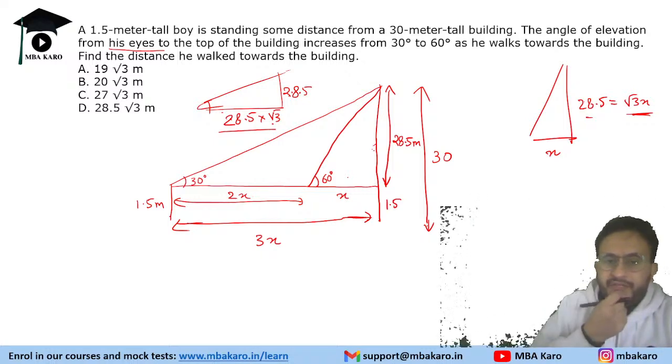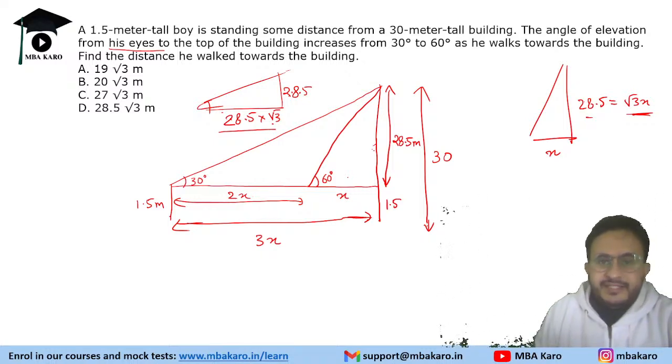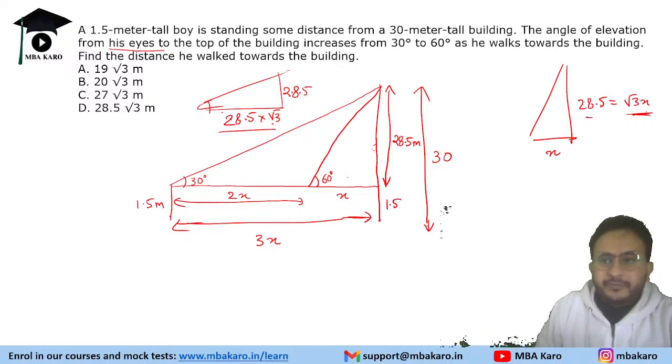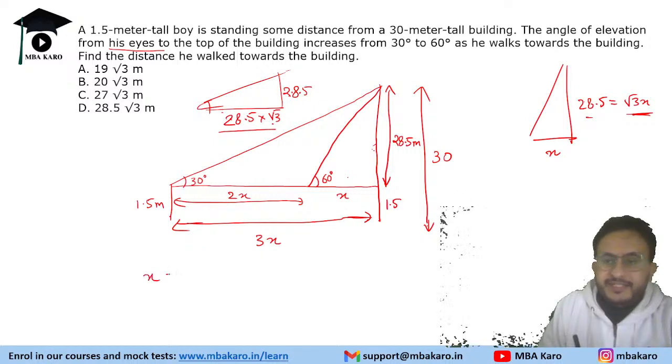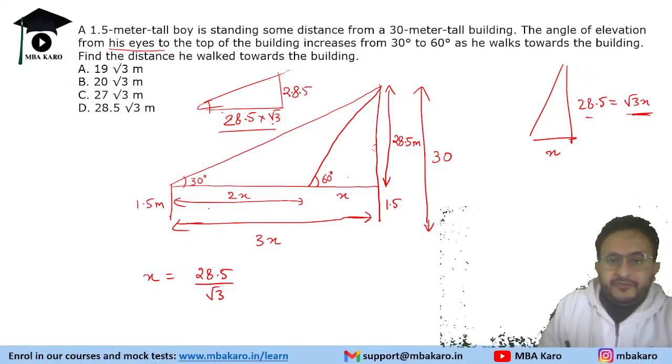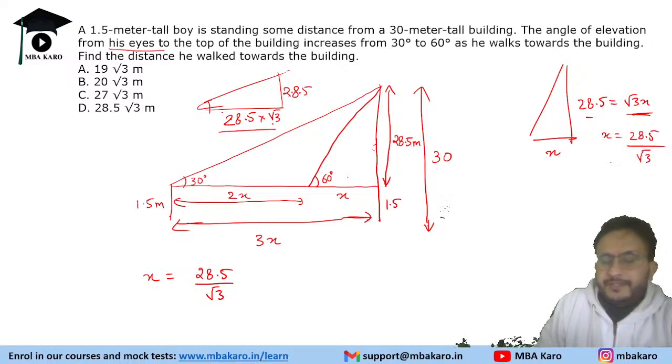Right, now we need to find the distance that he moved. So 28.5 is root 3 times x, or x is basically 28.5 by root 3, right? We need to find 2x. So from this we get x equal to 28.5 upon root 3, right?